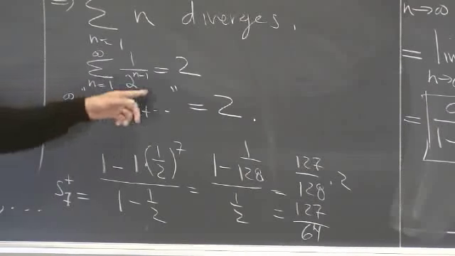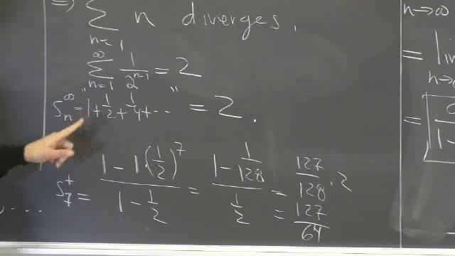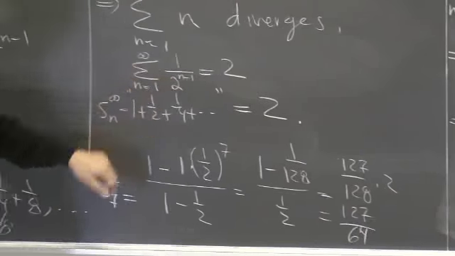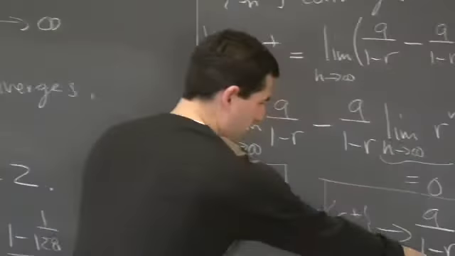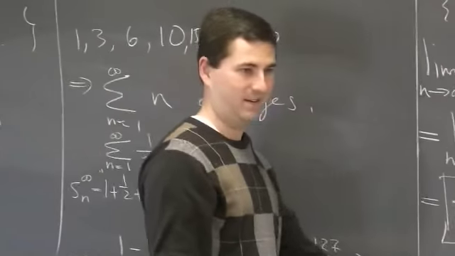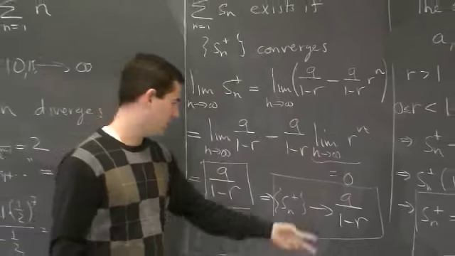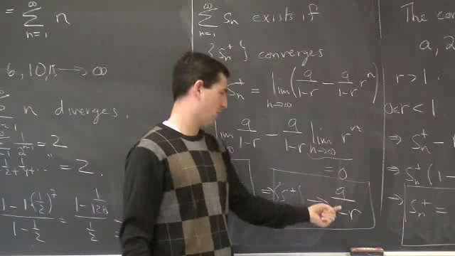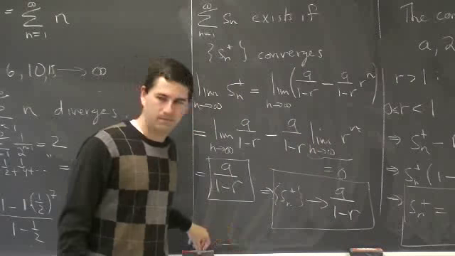I have to do this n minus 1 because I want the first term to be a 1, 2 to the 0th power. So this is very nice. This is a really simple formula for adding up a geometric series. If you want to get the whole thing, this is really amazing. You could add up an infinite number of things, and that's the answer. It's just take the first term, divide by 1 minus the ratio of the terms. Boom, you're done.